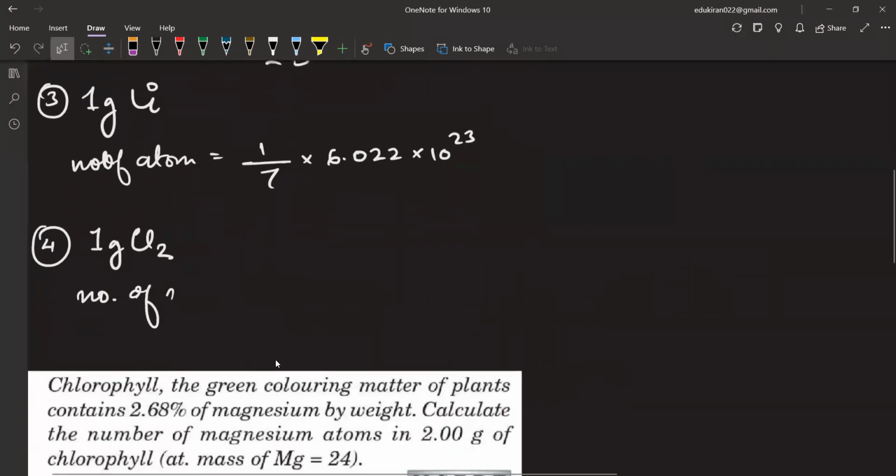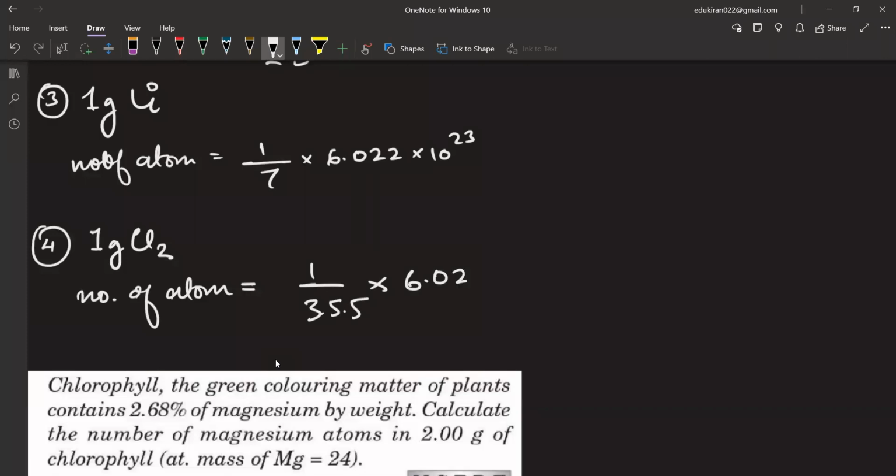Tell me. So 1 by 35.5 into 6.022 into 10 raised to 23.